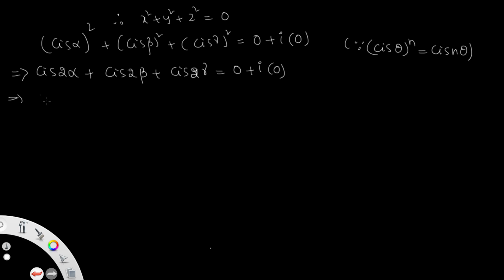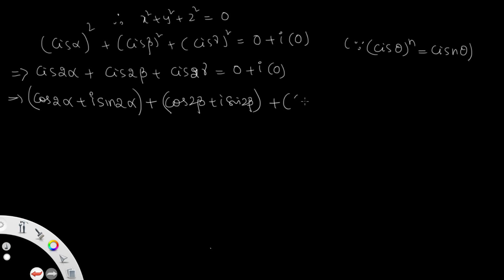So expand as cos 2 alpha plus i sin 2 alpha, cos 2 beta plus i sin 2 beta, and cos 2 gamma plus i sin 2 gamma, equal to 0 plus i into 0.